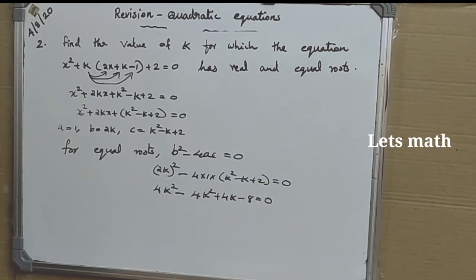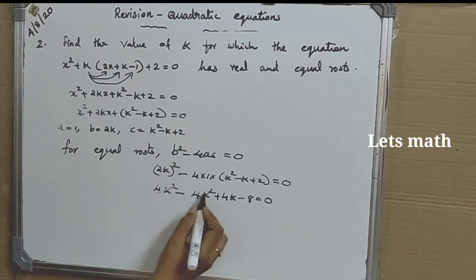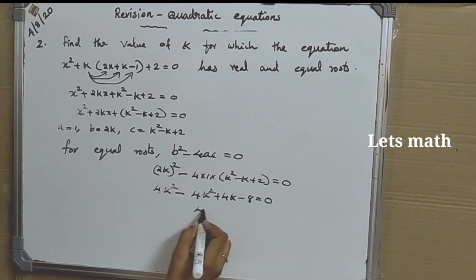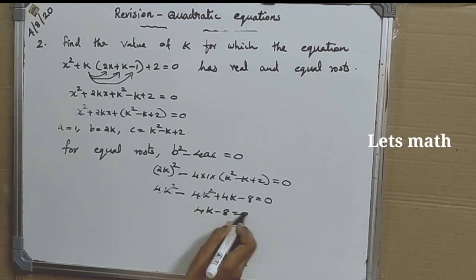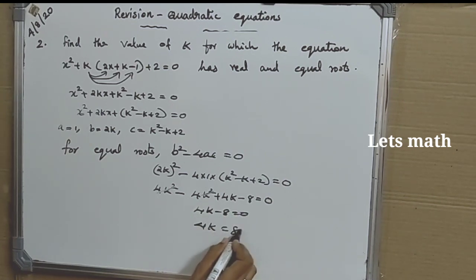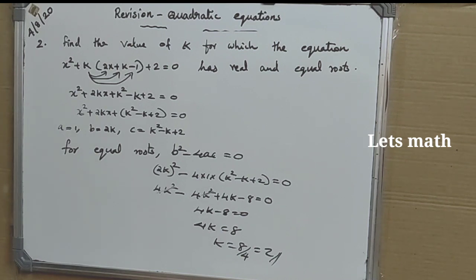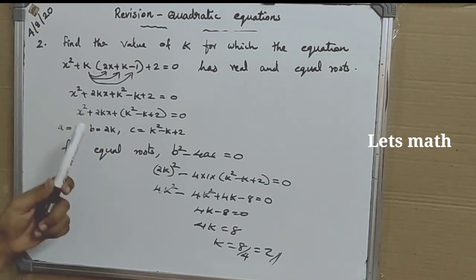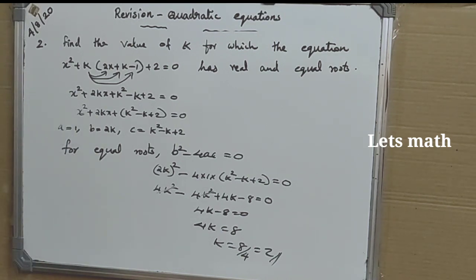Removing the bracket, we multiply the bracket with negative 4. That is 4k square, and 4k square gets cancelled. 4k minus 8 equal to 0. 4k equal to 8. We get k equal to 2. So for this value, this equation has real and equal roots.